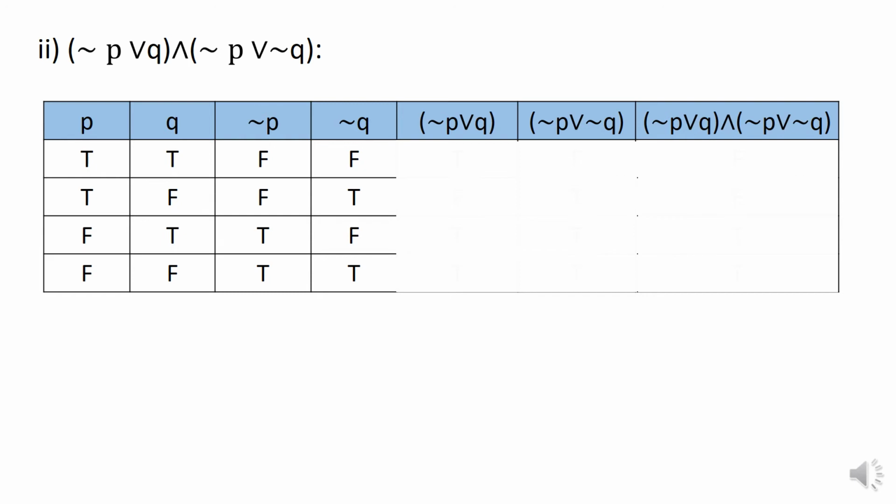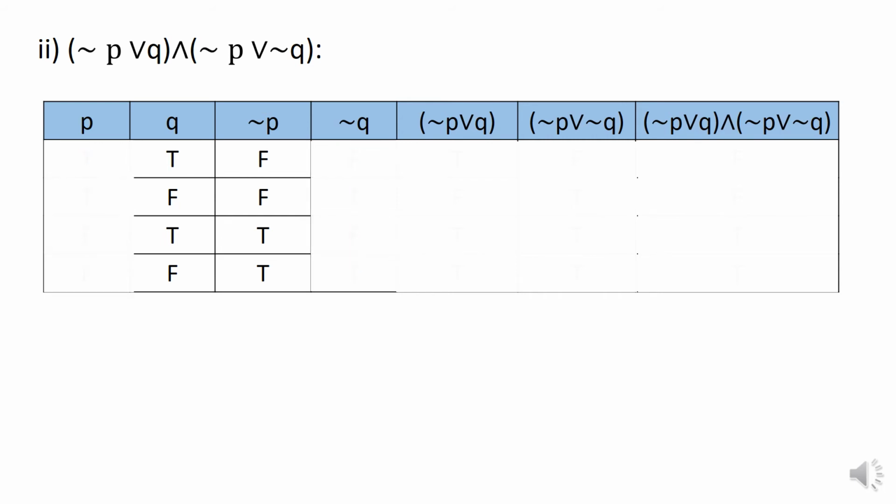So let us just consider only those columns for now. So not P or Q. False or true, true. False or false is false. True or true is true. And true or false is false.